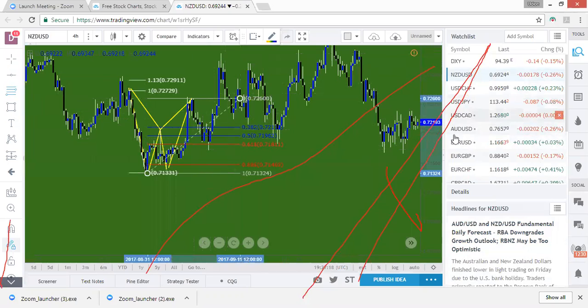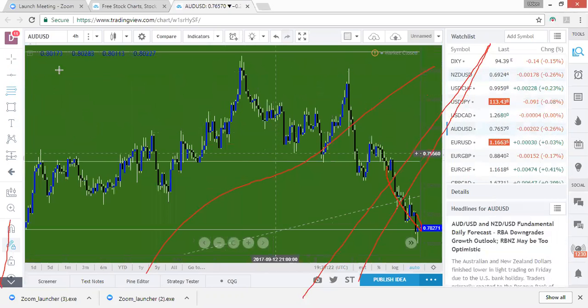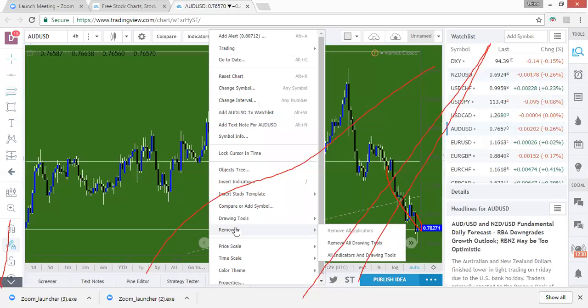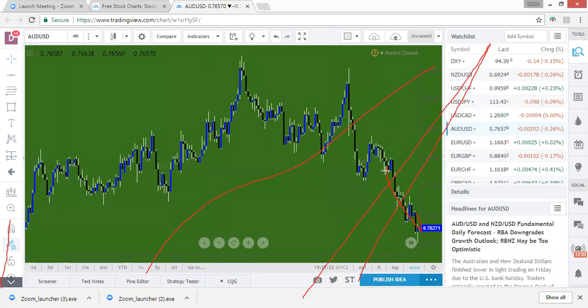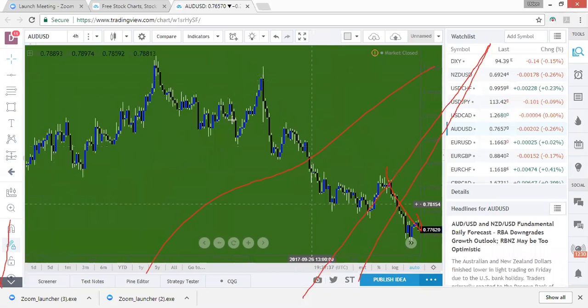Guess I'll try to see if we can find another pattern. Another bat pattern, because it's literally millions of them every week. We trade them a lot. J Pips trades them a lot.